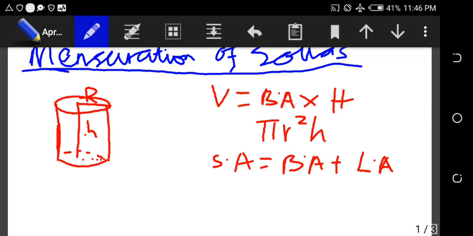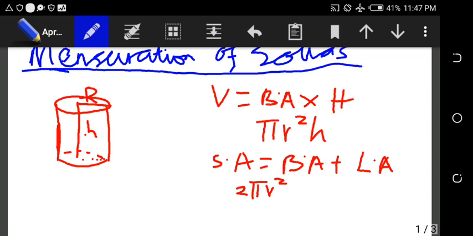For the two circular tops, we already know that the area of a circle is given by pi r squared, and because there are two of them, the base and the top, the area for the two will give us 2 pi r squared. That's for the base area.